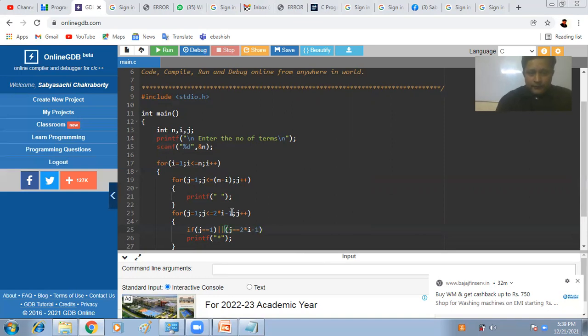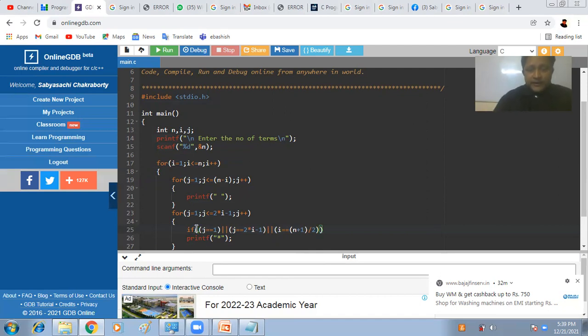or I is equal to (n plus 1) by 2. Either J equal to 1 or J equal to 2I minus 1 or I equal to (n plus 1) by 2. If any of these conditions is satisfied, then the star will be printed.